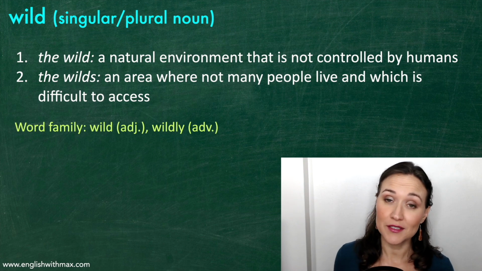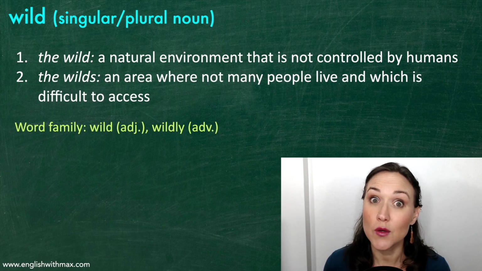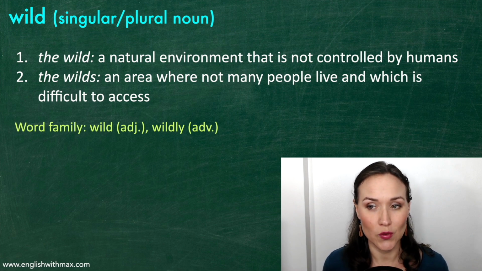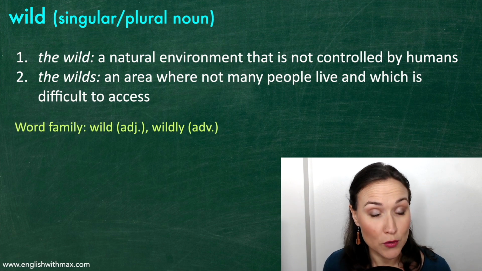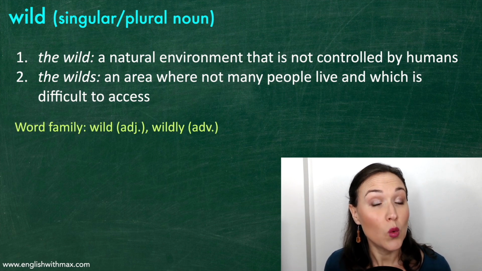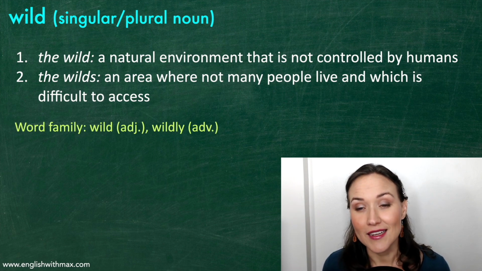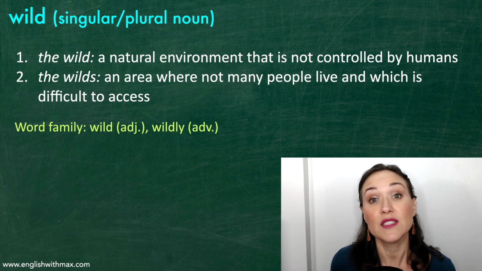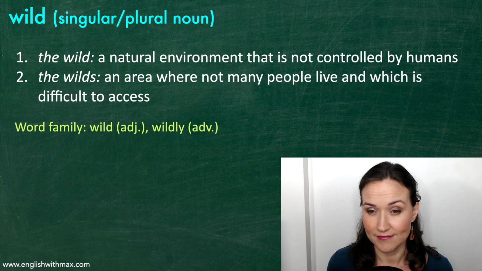First we have the singular form, which is the wild. A natural environment that is not controlled by humans. And next, the plural form, the wilds. An area where not many people live and which is difficult to access.